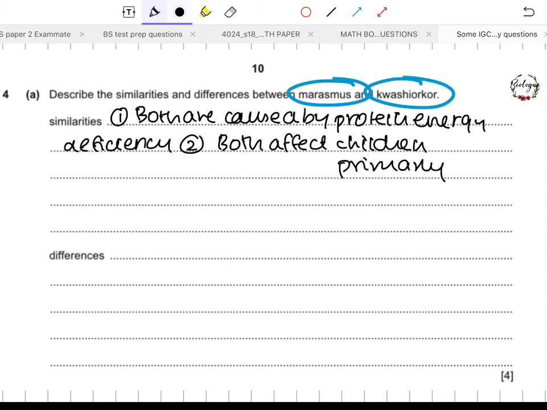The difference is that in marasmus it is both protein and carbohydrate. I'm not really framing an answer here, but these points should be included in the answer. You should frame it separately and differently, but these are the points that should be included.